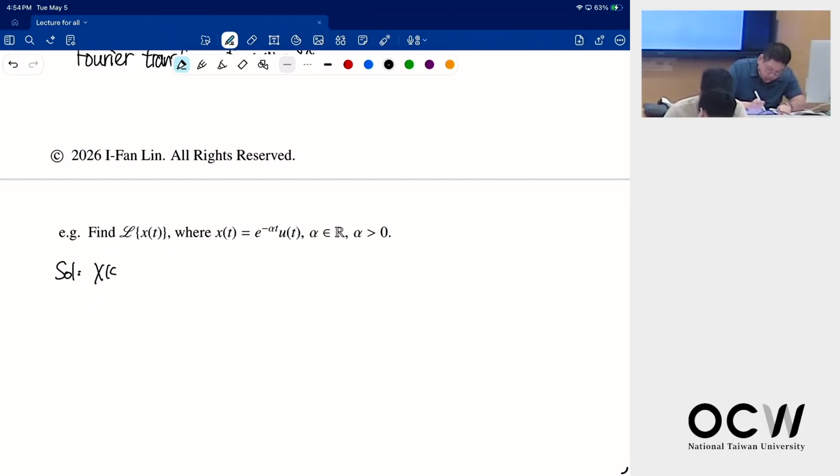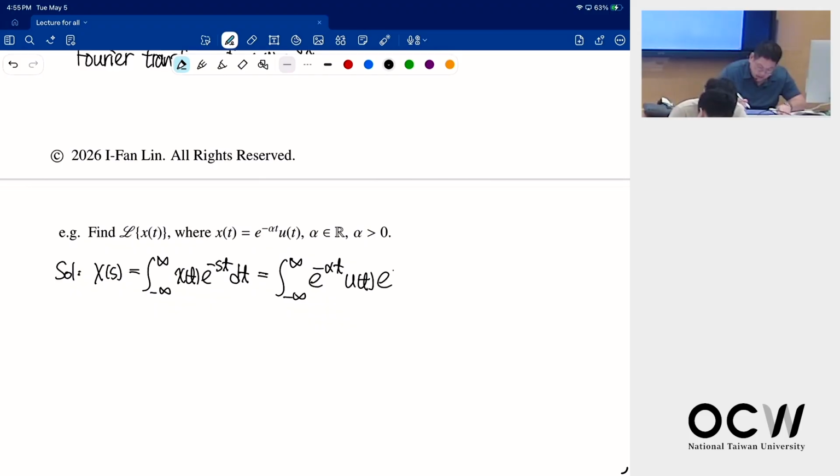So it is the integral of x of t e to the minus st dt. Okay, so my signal is exponential and the unit step function, and then s is sigma plus j omega, t dt.